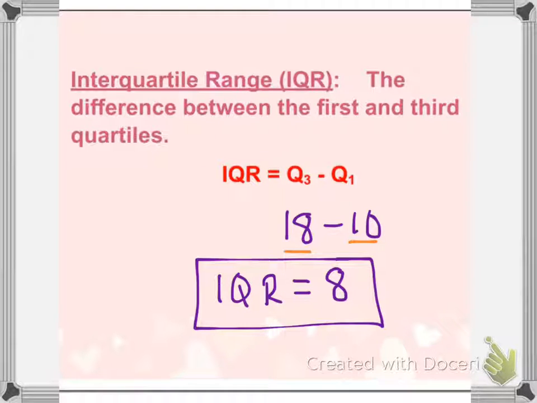It seems kind of pointless to find, except for the fact that the interquartile range is what helps us find outliers. It's pretty easy to look at a group of data and say this is probably an outlier. But there has to be a mathematical reason why something is an outlier. And we use the interquartile range, or the IQR, to identify outliers mathematically.